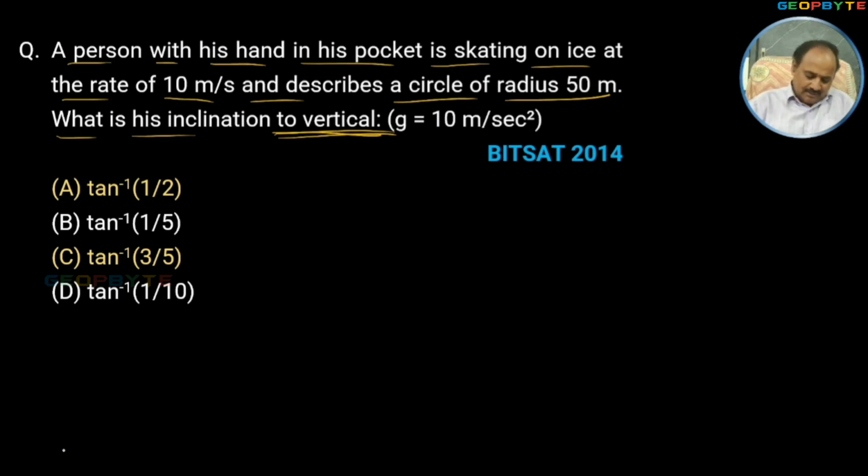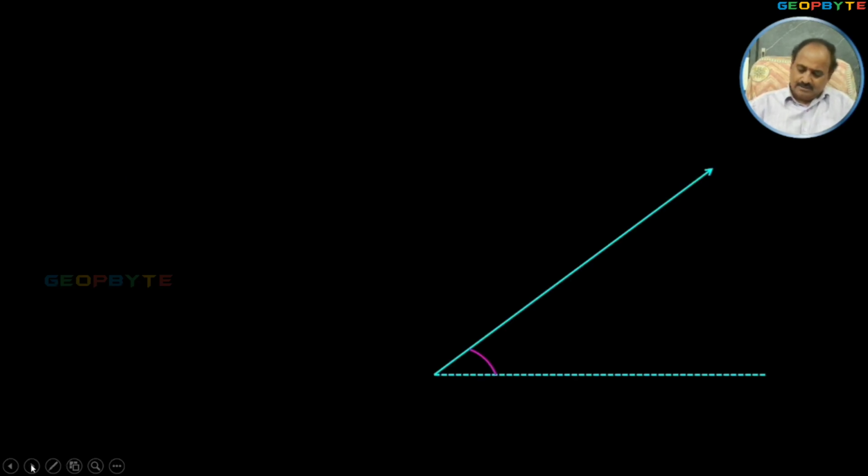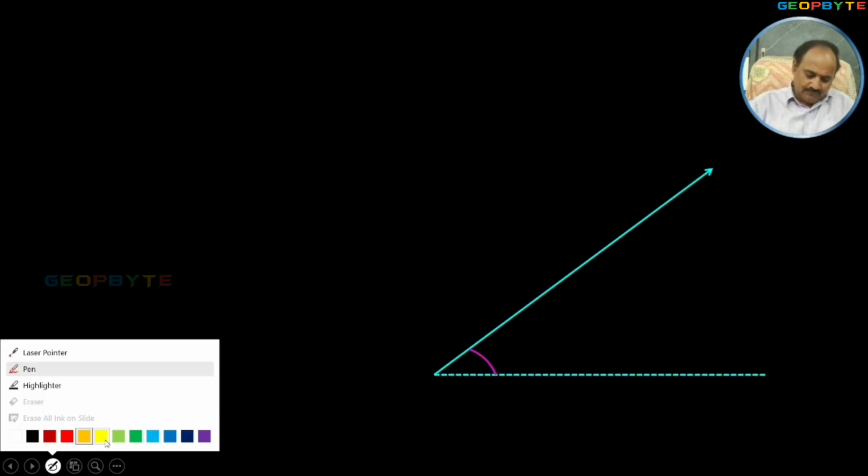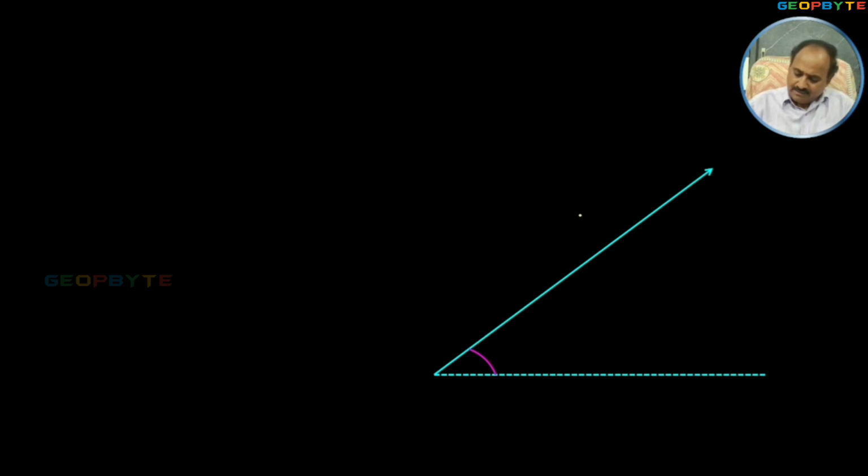Okay. For that, look at the angle of inclination. It may be like this, no? This is the person. He is at an angle with respect to vertical.